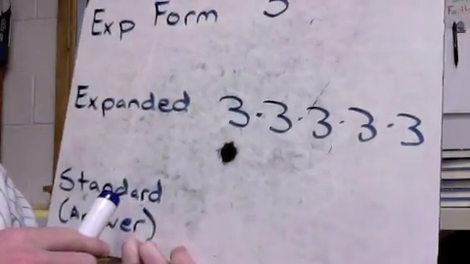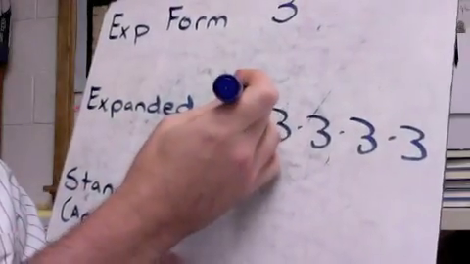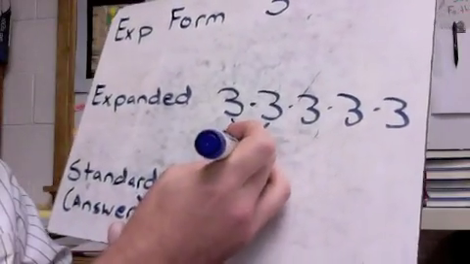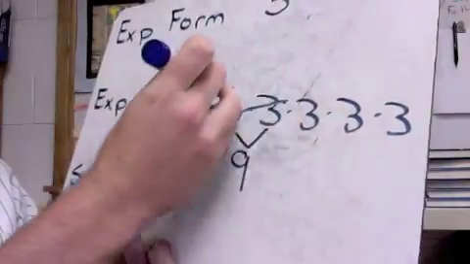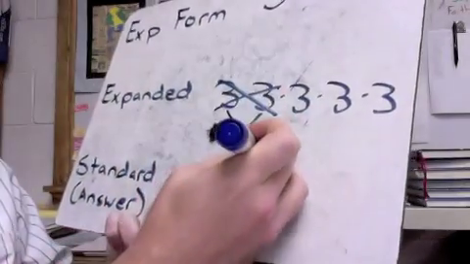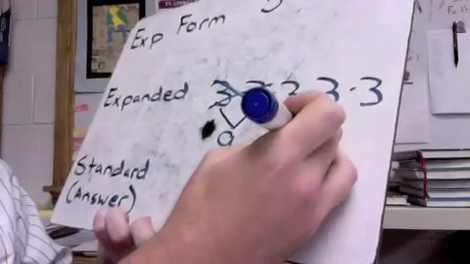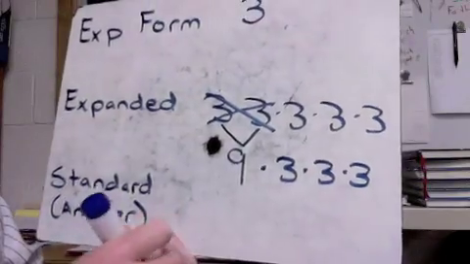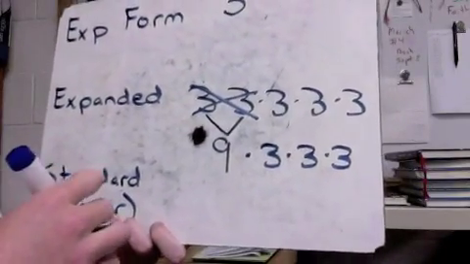So standard form here, I could start by multiplying. I think it's easiest to do this. That's 9. I can cross that out. I'll bring everything else down. And again, this seems like it's extra work, but I really think it's worth it for some people to keep things straight. I really recommend it.